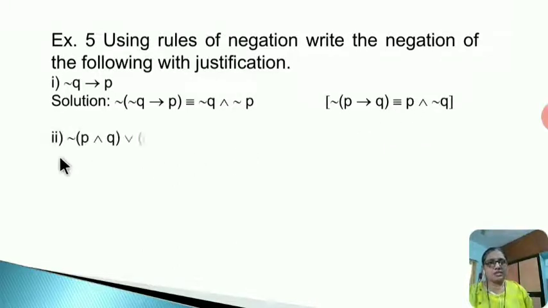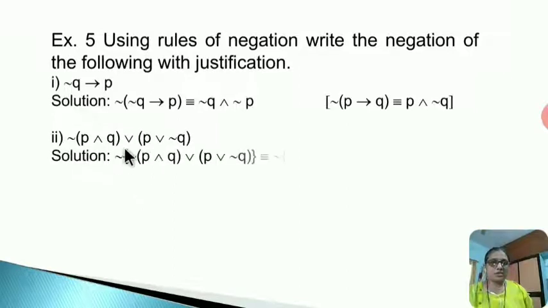Now the second example: negation P and Q or P or negation Q. So consider the negation of the given statement, that means negation of negation P and Q or P or negation Q. Now here we observe negation of a disjunction. The negation of a disjunction is the conjunction of their negations.